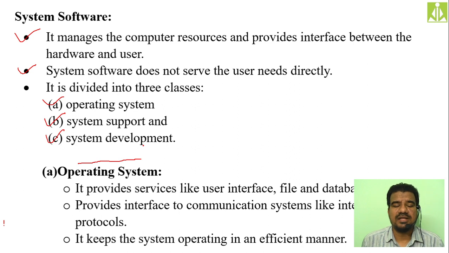Nowadays even televisions are coming up with an operating system. Even your washing machines, microwave ovens, and refrigerators have operating systems. Smart TVs have their own operating systems. Smartphones have operating systems in them.